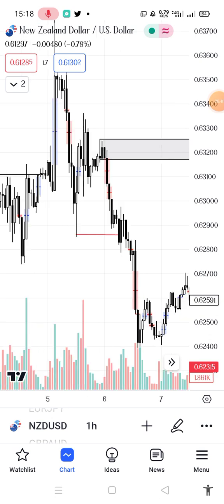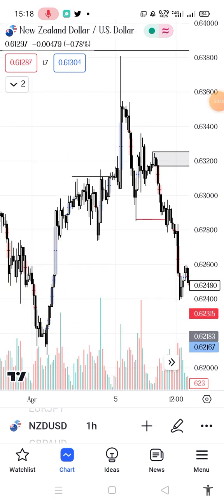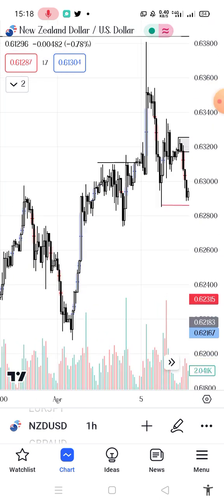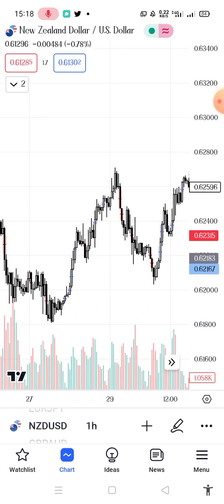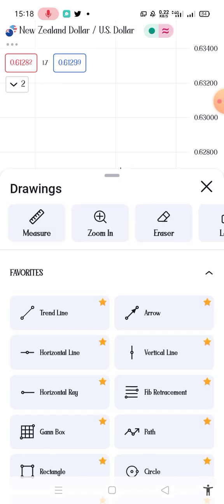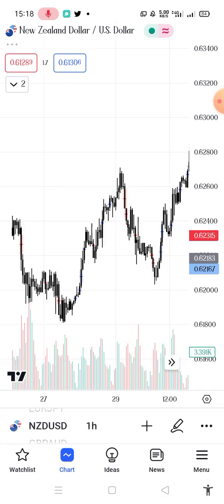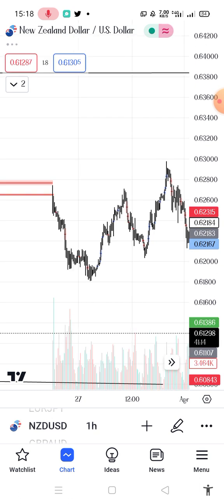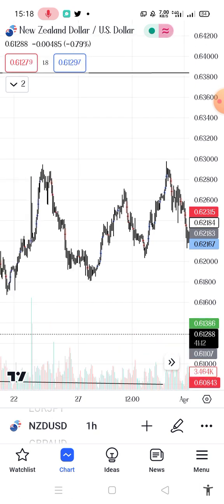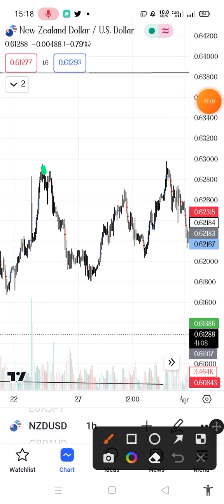Now let me show you how to identify a bullish order block. So now let me show you something. As you can see clearly, this was moving down in a downtrend. Before this changed everything, it changed the movement.